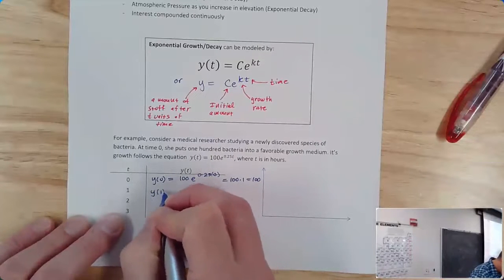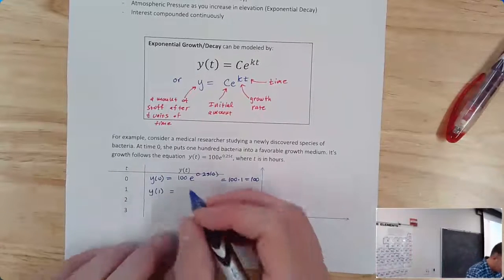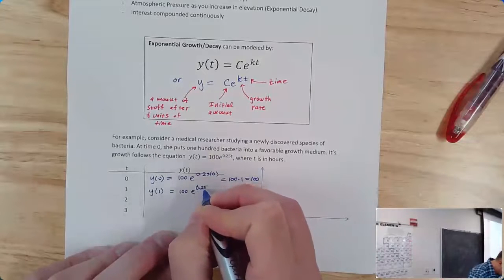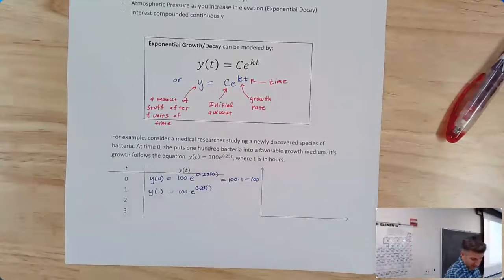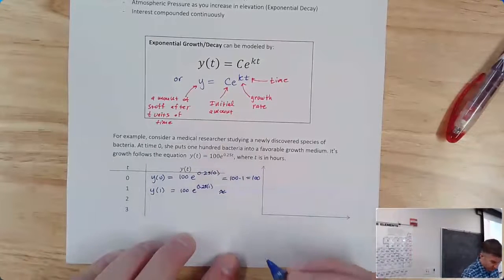Let's look at the next value. If I plug in 1, I'm really just substituting this into the equation. So I'm going to get 100 times e to the 0.25 times 1. And then I can't really do anything else with that without a calculator. So if I use the calculator to get an approximation, that's going to be approximately 128.